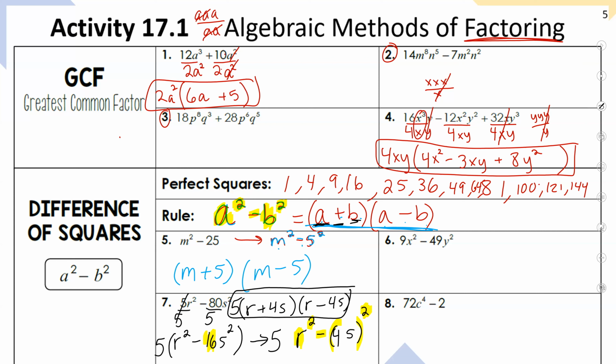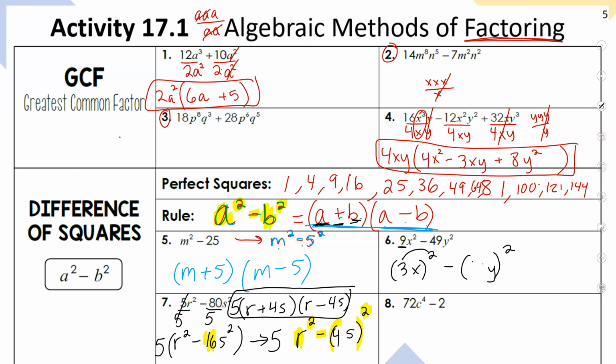Okay. I'll do number 6 with you. First of all, can 9 and 49 both be divided by the same thing? Can 49 be divided by 3? No. Can 49 be divided by 9? Okay, so we can't divide them both by something. So let's rewrite this. I want something squared minus something squared. We'll put the x and the y in there. How do I rewrite this 9? 3, because 3 squared would give you that 9.